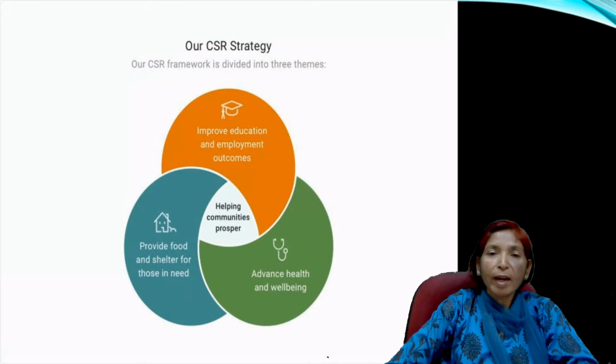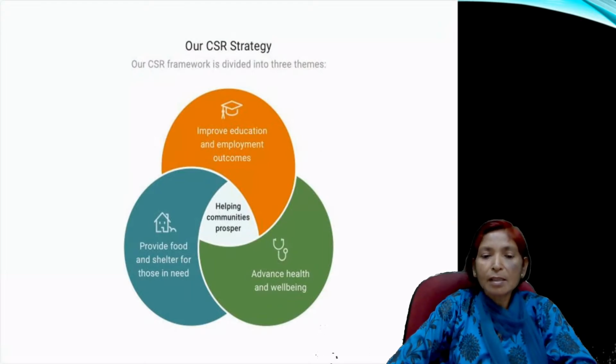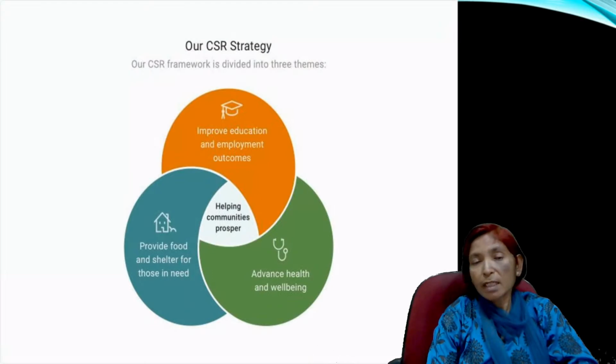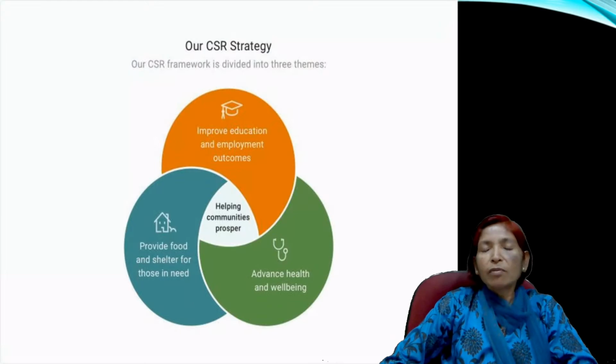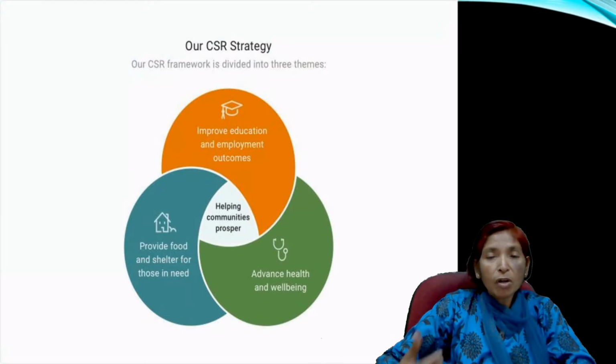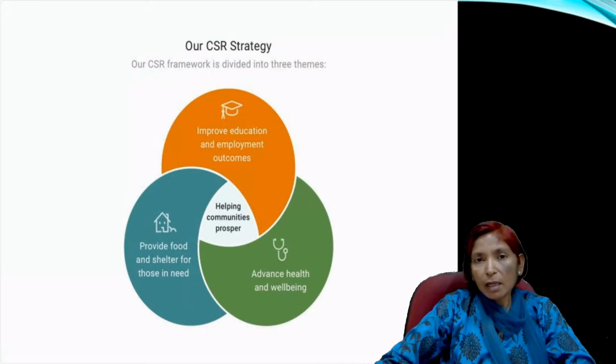Next is to provide good medical facilities and advance the health and well-being of the country's people, because you know that without good health we can't work better, and if we do not work we will not earn, and if earning is nil, then how can a person make a better living standard?